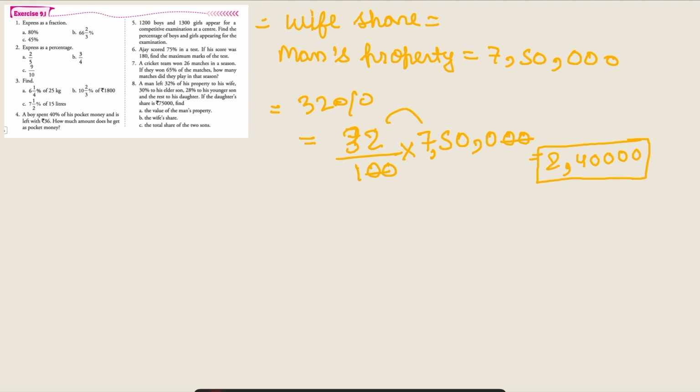Now let's come to the second last question. The total share of the two sons is 30% plus 28% is equal to 58%. Now we have to take out 58% of the property.